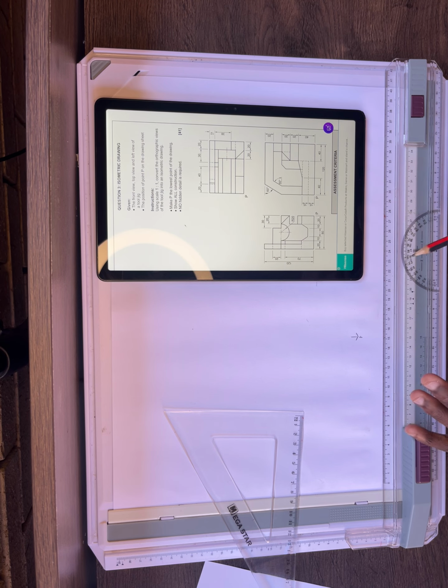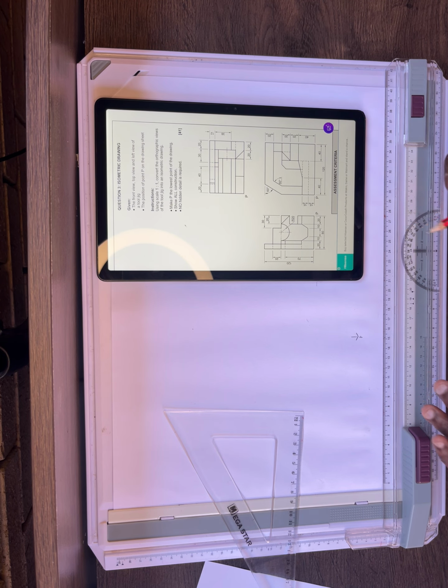So now let us start with the piece in the front view, which is this one. What is the length of this piece? From here to here is given as 120. Then from this corner to this corner is 15 plus 15, which gives us 30. From this corner to this corner is 40.